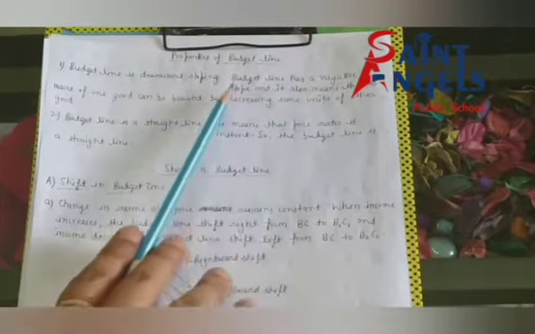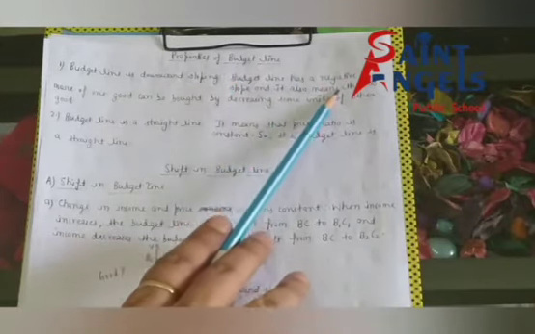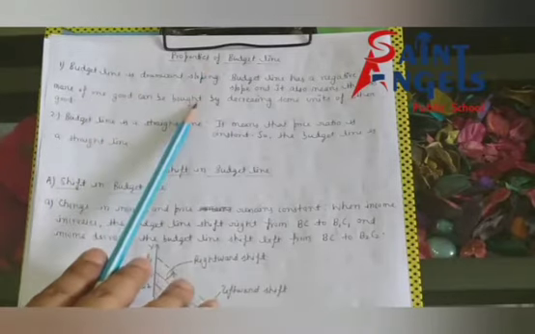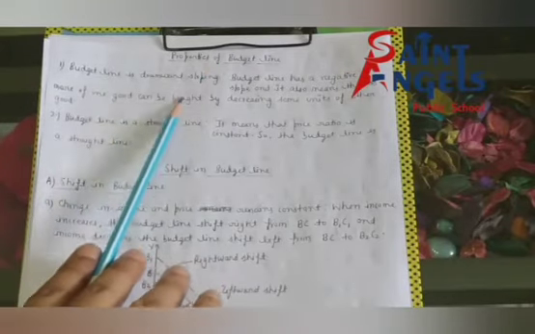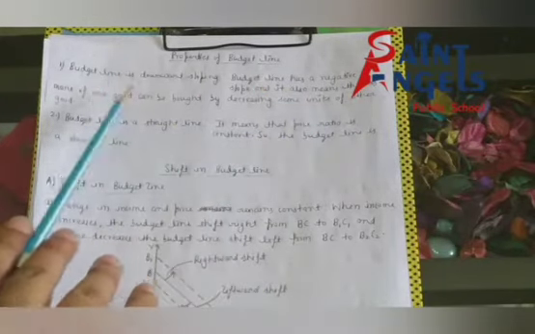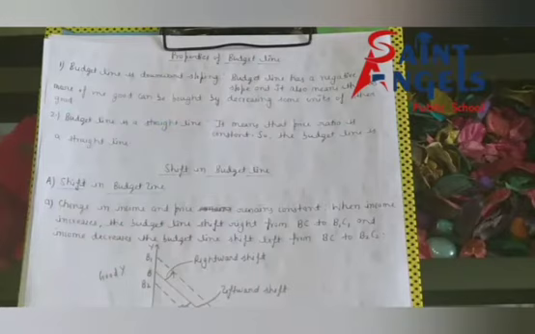It also means that more of one good can be bought by decreasing some units of the other good, because as you know, the income of the consumer is limited. That's why if a consumer wants to increase the consumption of one good, then he has to decrease the consumption of the other good.